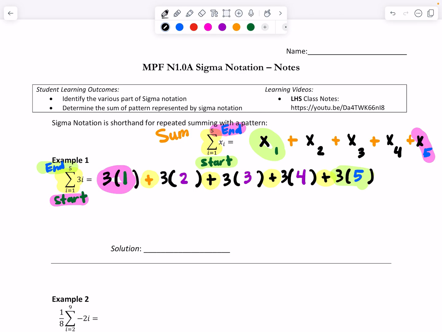Well, 3 times 1 is 3. 3 times 2 is 6. 3 times 3 is 9. 3 times 4 is 12. 3 times 5 is 15. 3 plus 6 plus 9 plus 12 plus 15, if you add them together, it's 45. So that's our solution. That sum simplifies to 45.